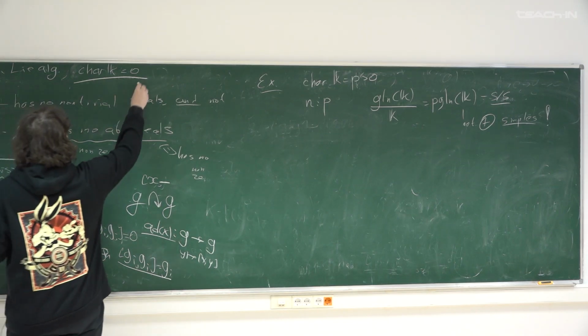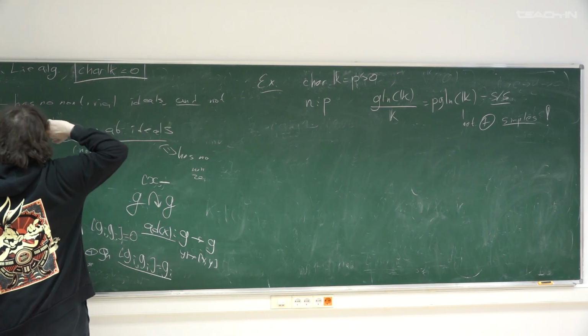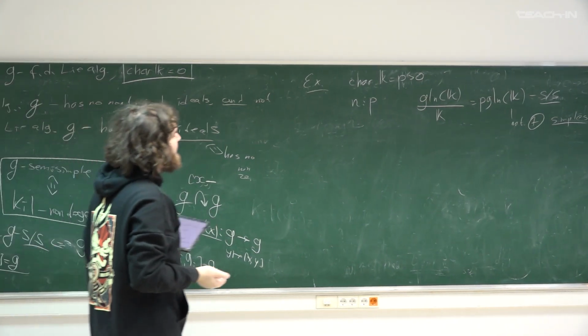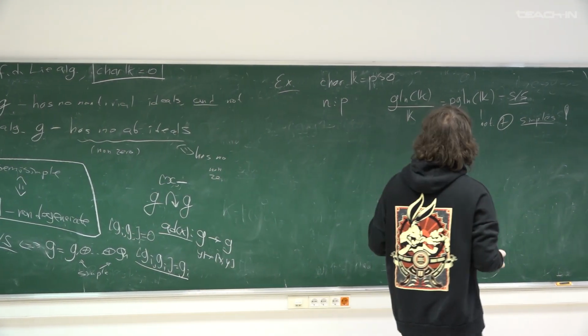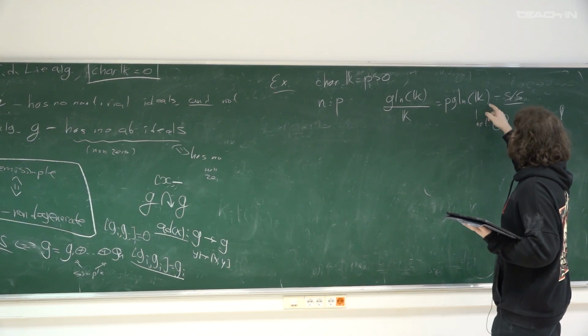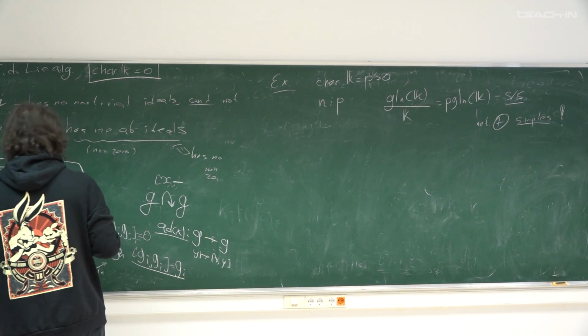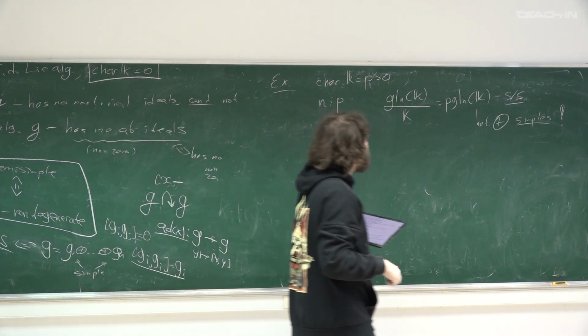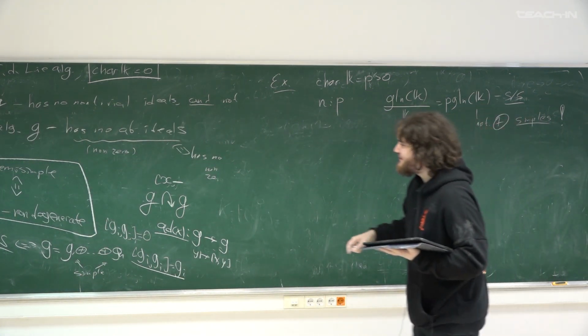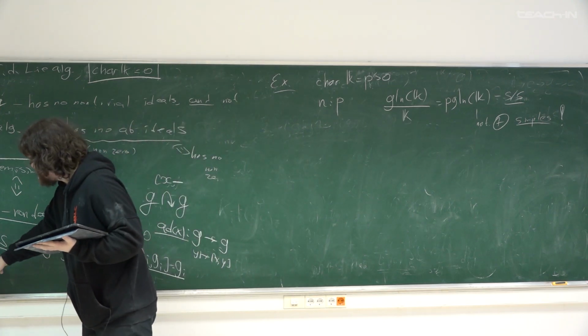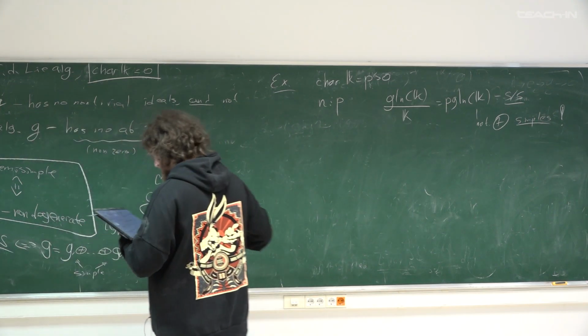For us it's important that the characteristic is 0. For example, the commutator of PGL_n is not PGL_n itself. It will be PSL_n. So this is not true.